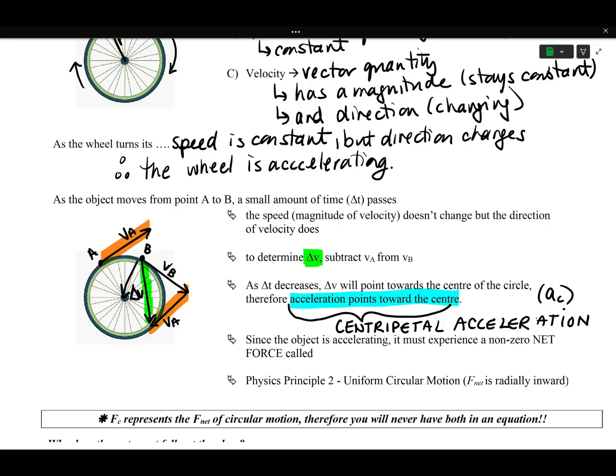So if we have acceleration, therefore acceleration is not zero, that means we have a non-zero net force. And we are now going to call that centripetal force.